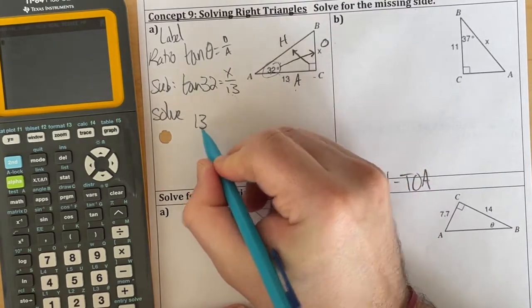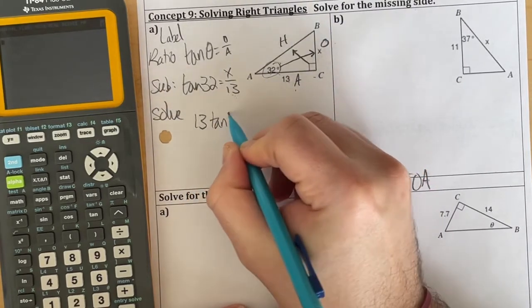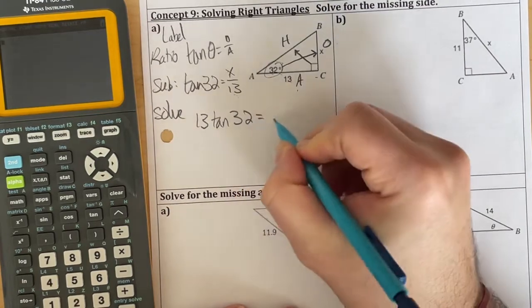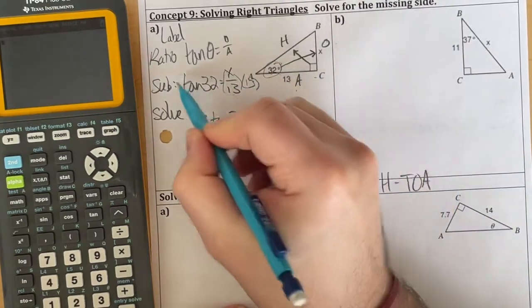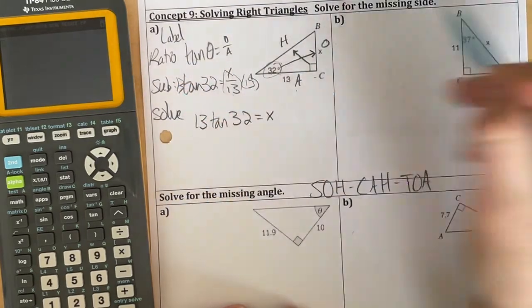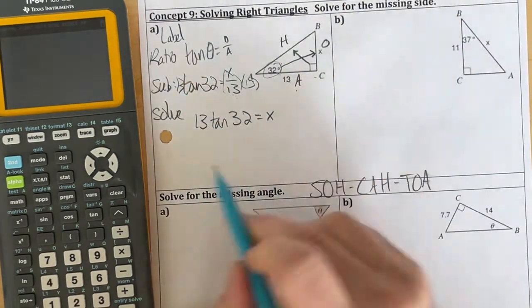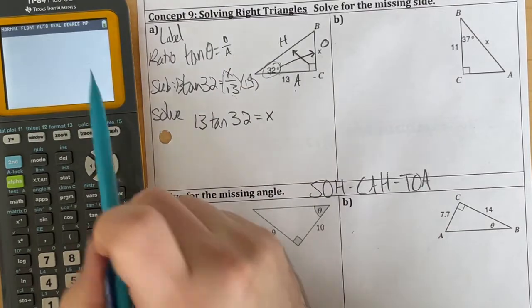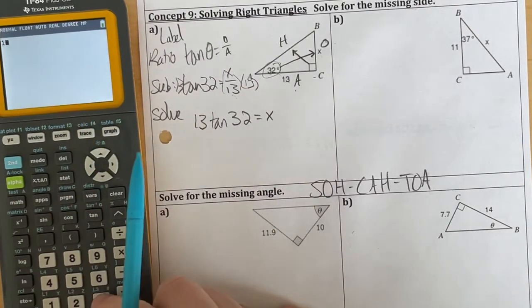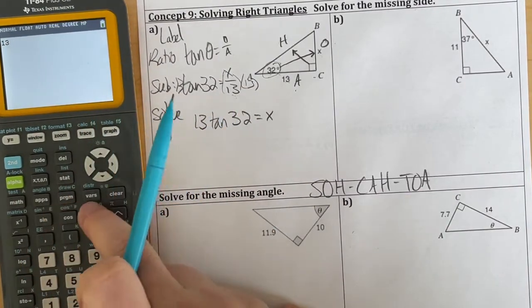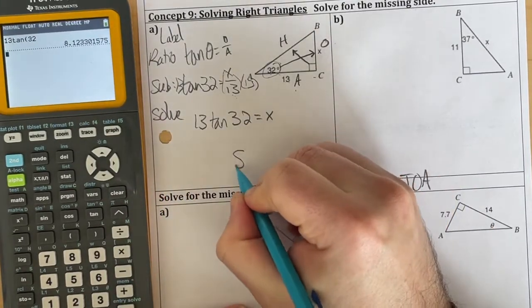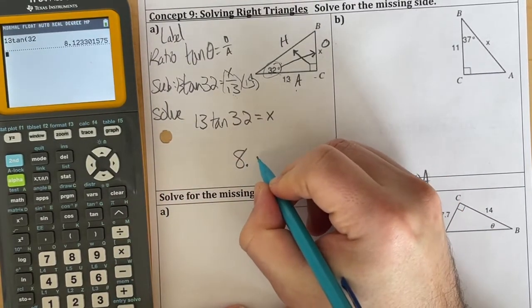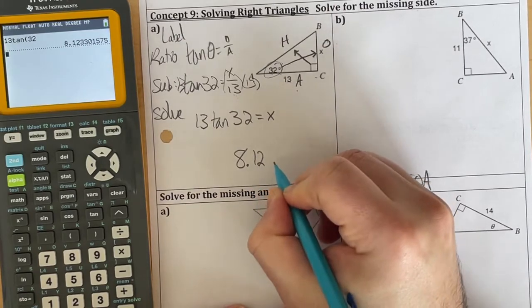So I have 13 times the tangent of 32 is equal to X. In a calculator, make sure it's in degrees. We say 13, tangent of 32, hit enter, and we have our value. It's going to be about 8.12.